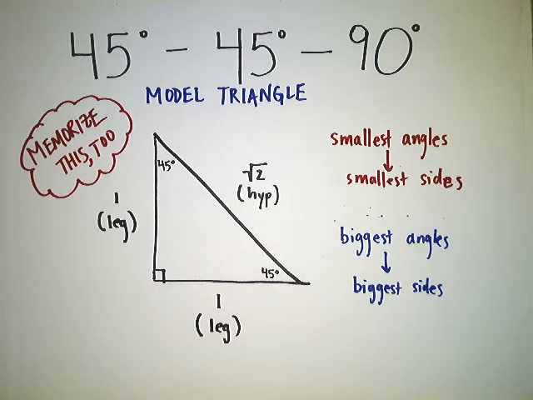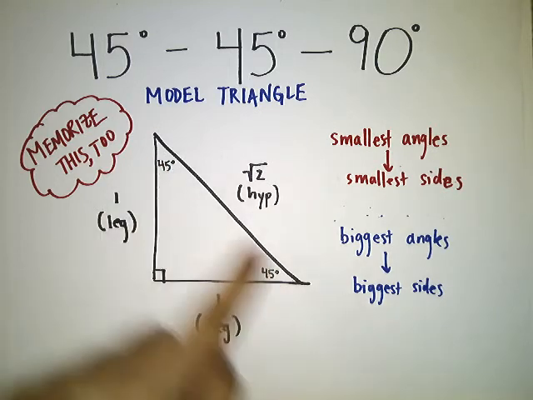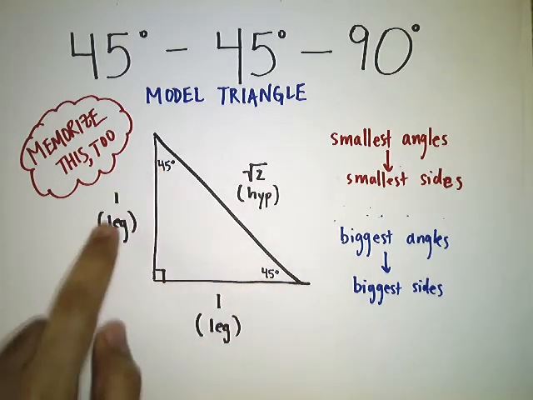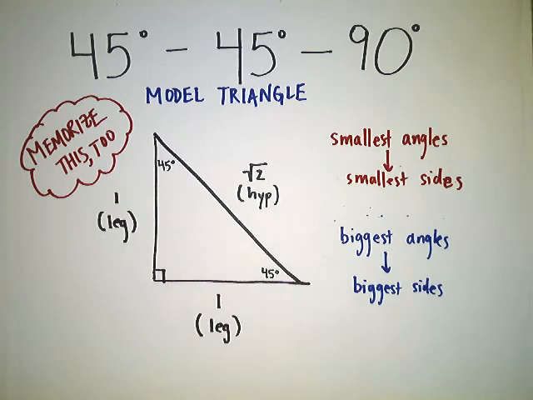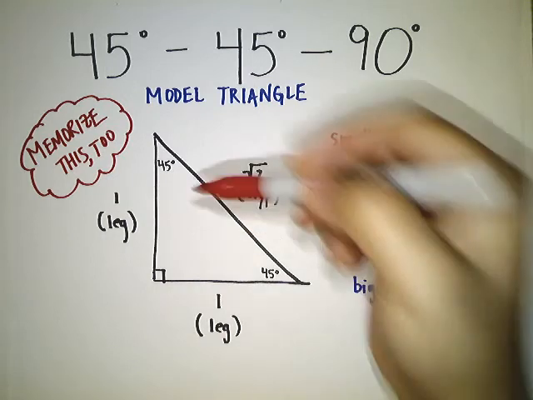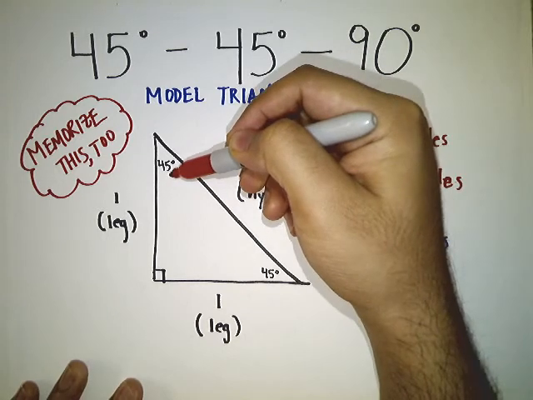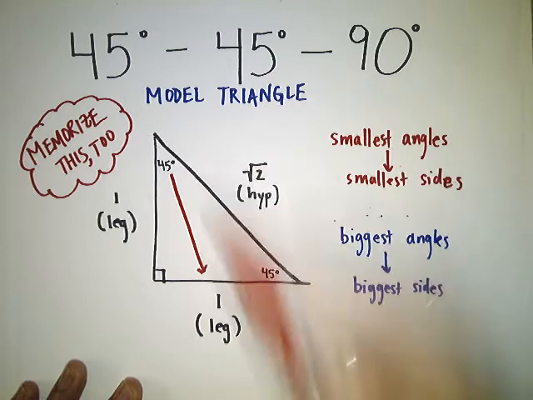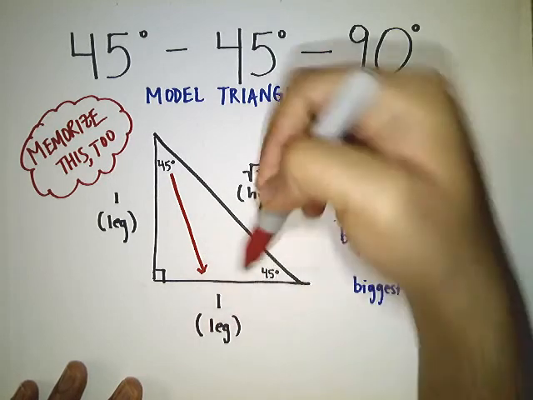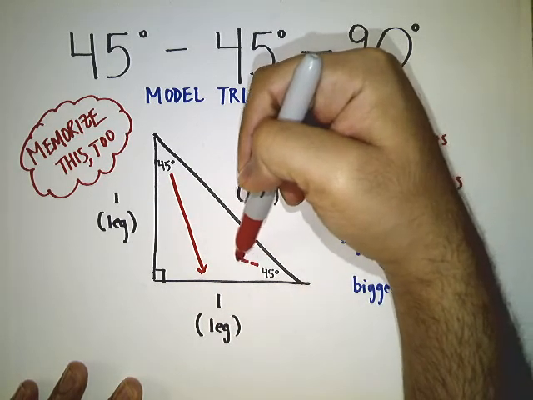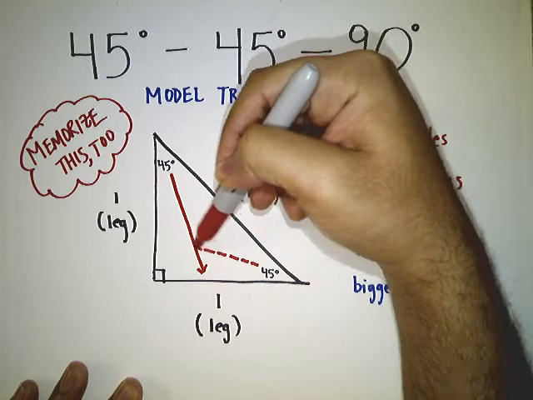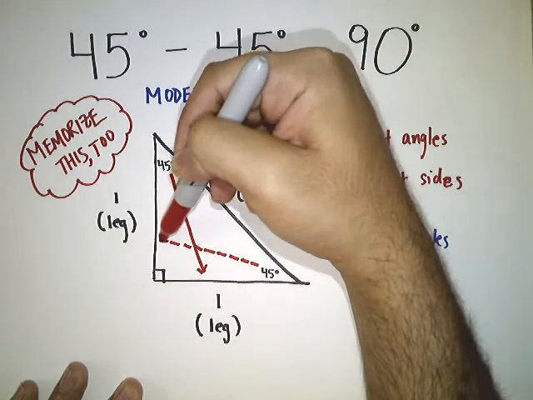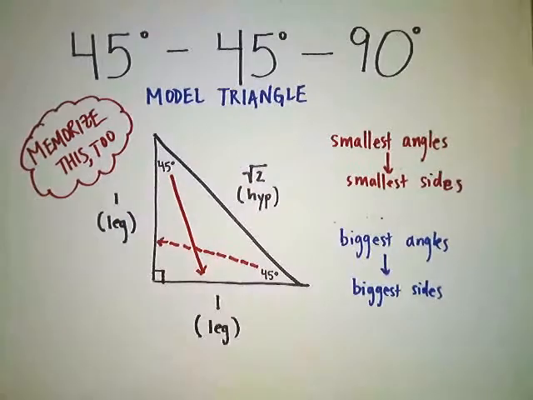If you remember from geometry, sides in a triangle that are opposite angles with the same measure have the same length. So this 45-degree angle is opposite a side of length 1, and this 45-degree angle is also opposite a side of length 1.